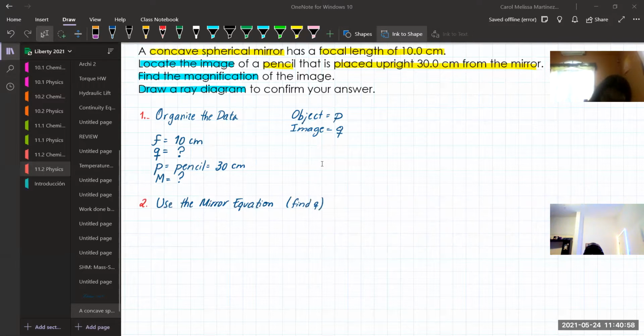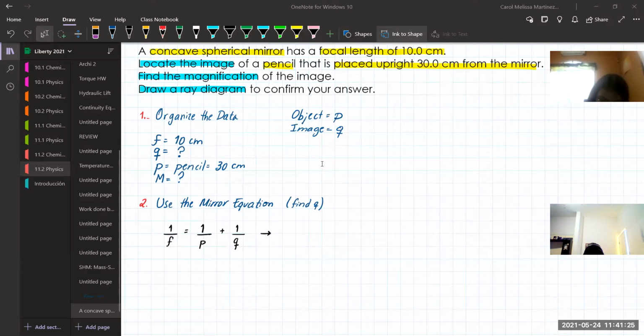So the mirror equation states the following: 1 over the focal length is equal to 1 over the object plus 1 over the image. We need to isolate for the image.